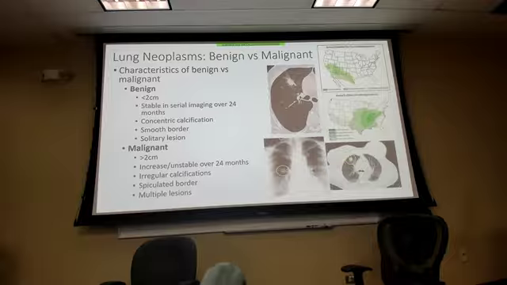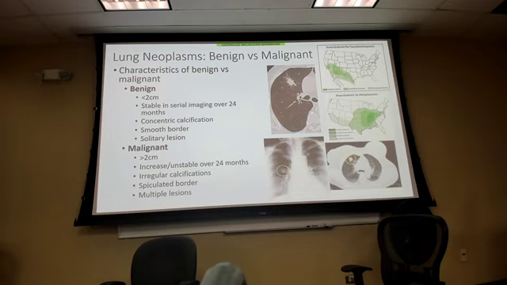And if it stays the same, there's nothing to do. Okay, it's a benign little lung nodule. You might want to do at least an x-ray or so every year, just to make sure that you're continuing to follow it. But most likely, if it has not changed over those 2 years, it's probably just a little solitary lung nodule, and there's nothing to do about it.